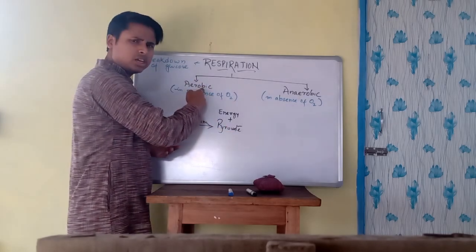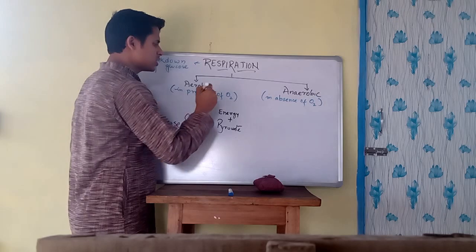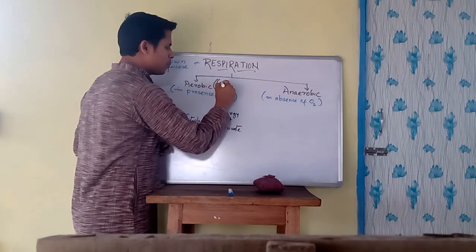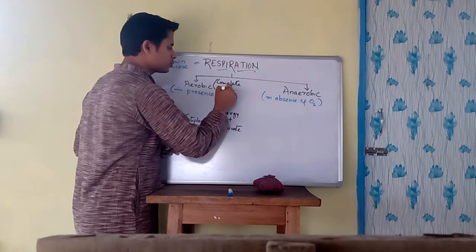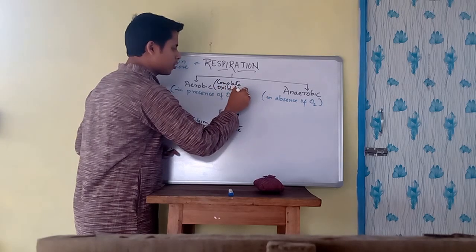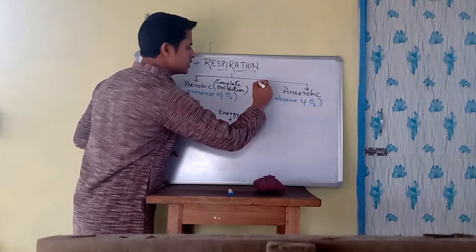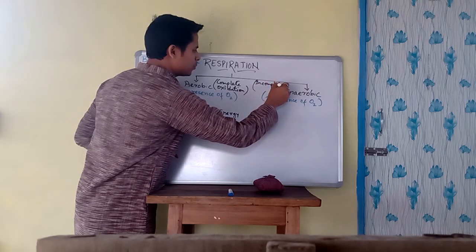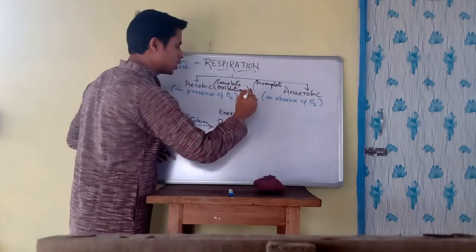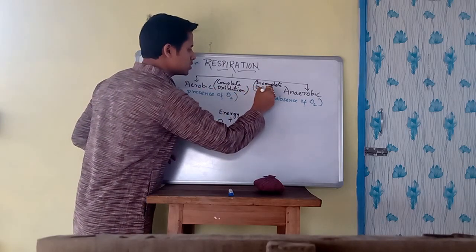Aerobic respiration we also call complete breakdown or complete oxidation, whereas anaerobic is incomplete, because the glucose doesn't break down completely, so it is incomplete oxidation.